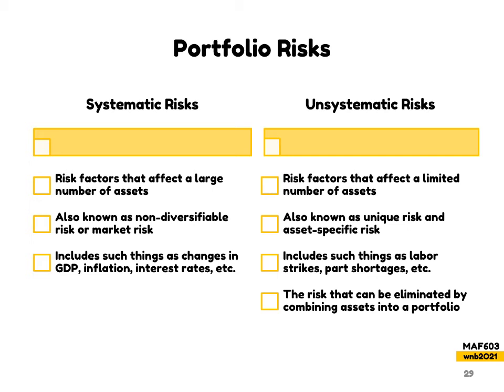On the other hand, unsystematic risk is a risk factor that affects a limited number of assets. The risk will only give effect to certain assets. It is also known as unique risk and asset-specific risk. For example, labor strikes, part shortages, and etc.